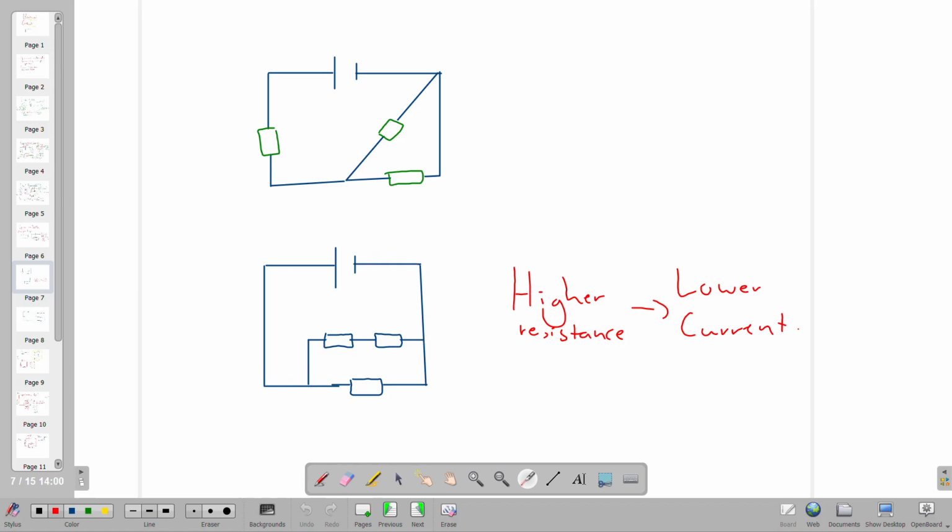And here I just made that note again saying that the higher the resistance, the lower the current. So if these were all three identical resistors, all of them 1 ohm, the branch at the bottom would have the higher current. And this is a higher resistance, so it's 2 ohms, so the current would be lower.